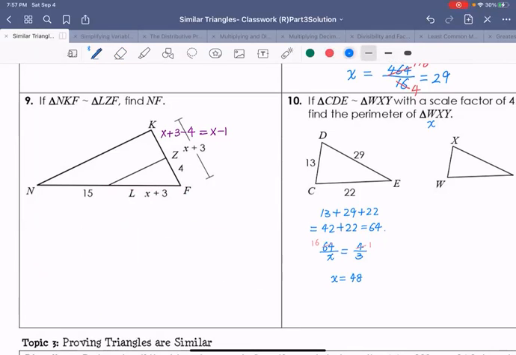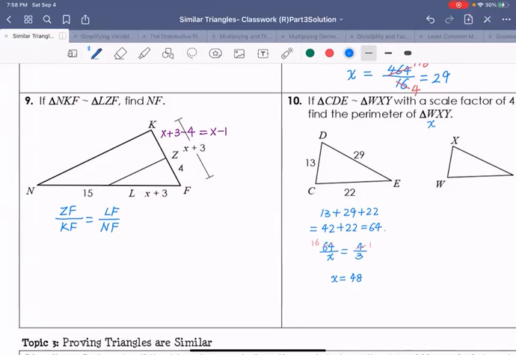So ZF over KF equals LF over NF. Is that okay, Annie? Yeah. Okay.